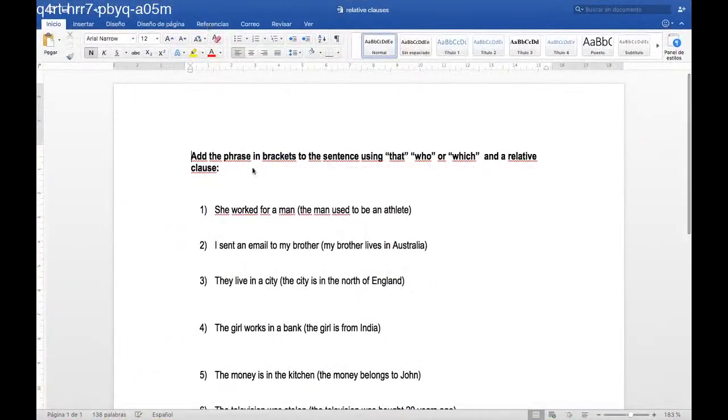It says, add the phrase in brackets to the sentence using that, who, or which. As we said, that can work for people and also for things. Who is specifically for people and which is specifically for things. So we are going to work with a relative clause.